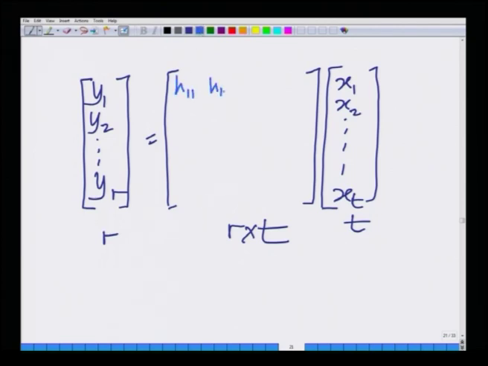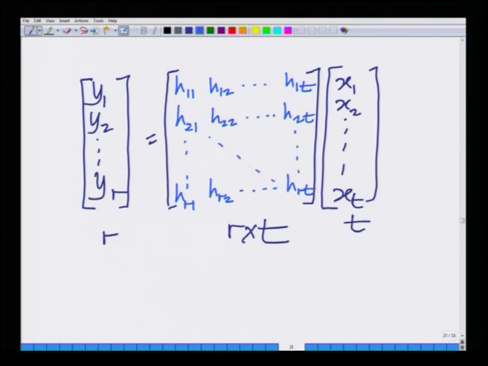That can be represented as follows: H11, H12, so on up to H1T, H21, H22, so on up to H2T, so on up to HR1, HR2, so on up to HRT. This is the R cross T dimensional matrix. This is also known as the channel matrix.